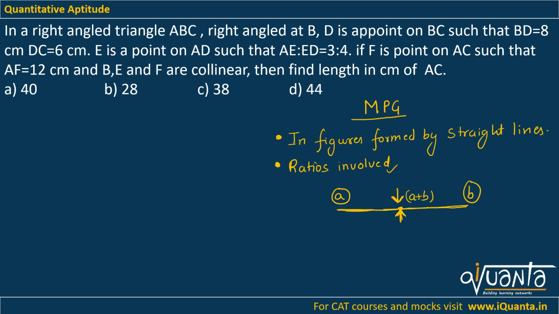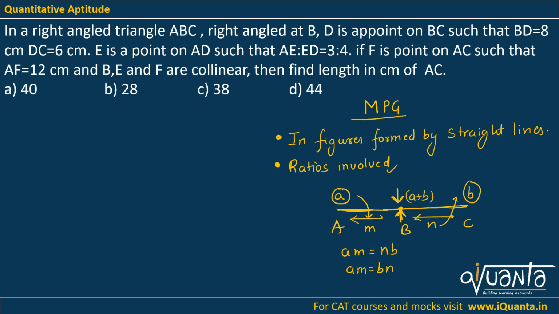If I name these points A, B, C, and say this length is M and this length is N, then this weight into this length, A into M, will be equal to this length into this weight, N into B. So AM equals BN. This is a condition that we must always follow in MPG.